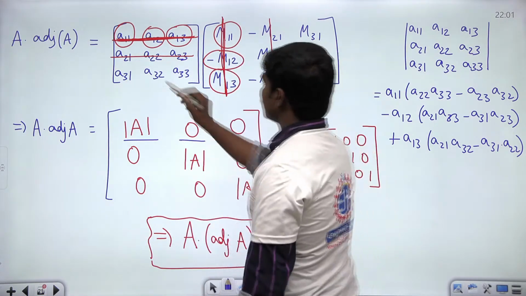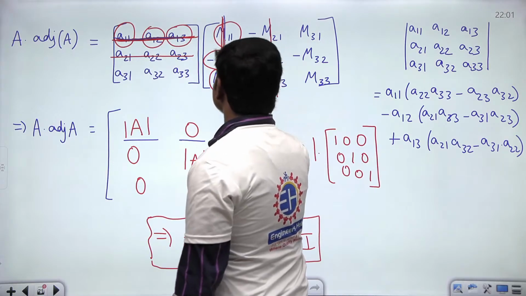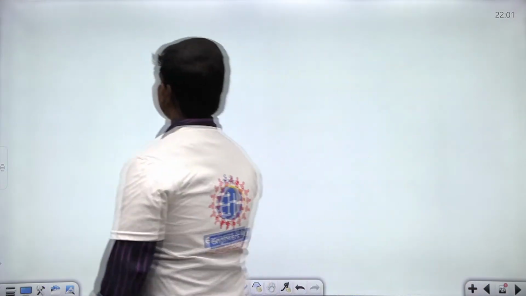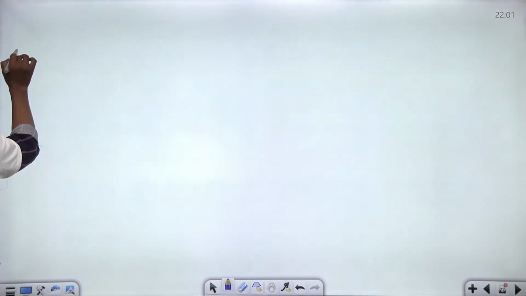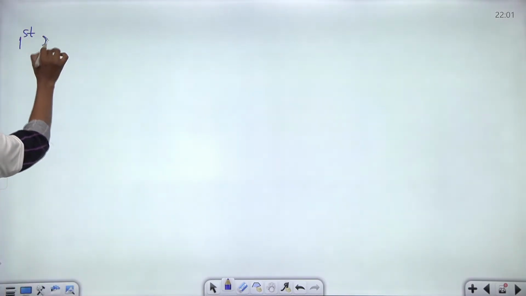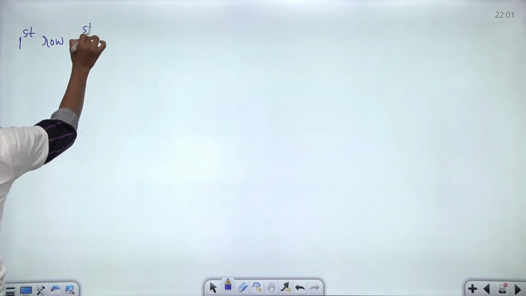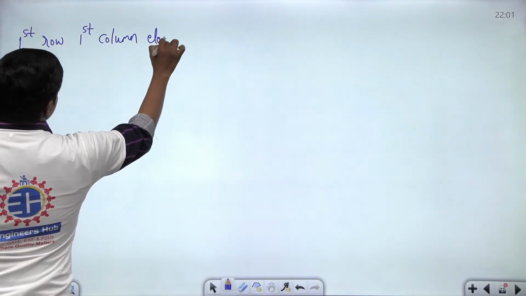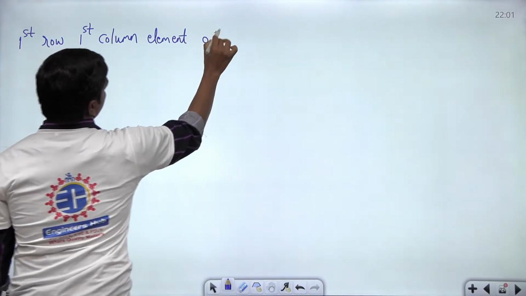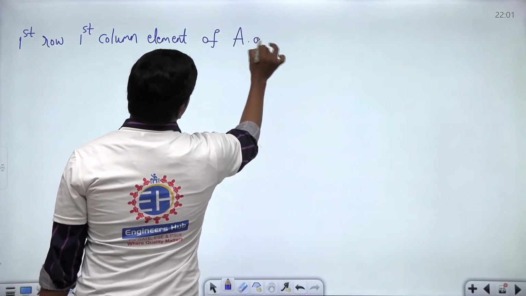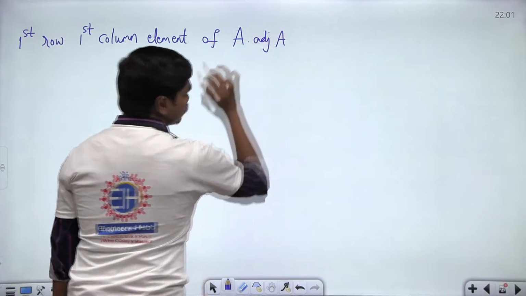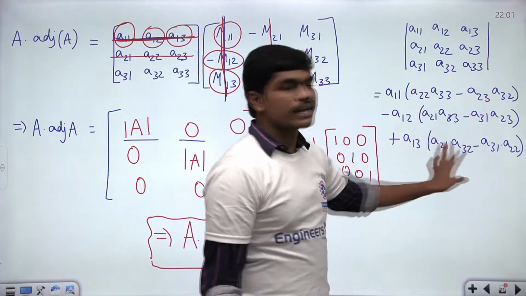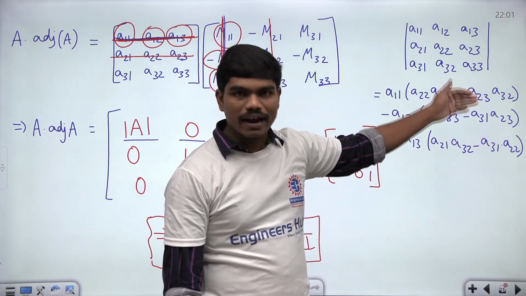Look, if you multiply the elements of a row with their corresponding cofactors, we will have something like this. I am calculating the first row first column element of A into adjoint A, because at many points in your life you came to know that a 3 by 3 determinant should be calculated in this way, but we will see why we are doing this.